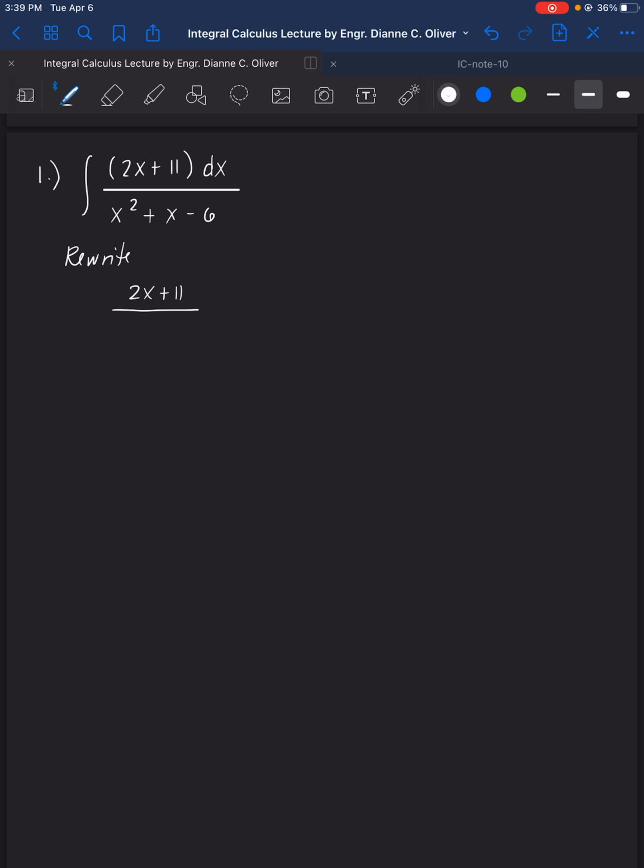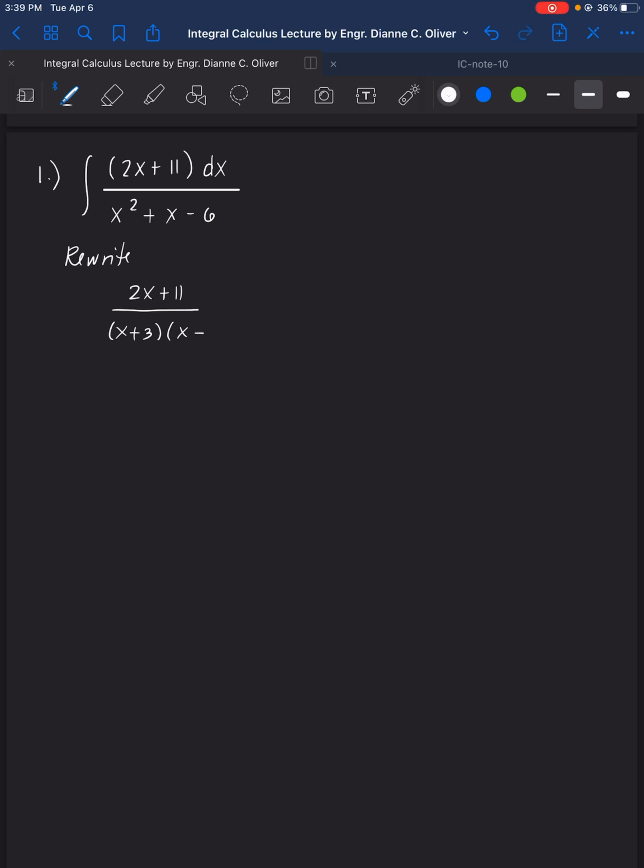If we factor this out, it becomes (x + 3)... and how do we factor this? We look for two numbers that multiply to negative 6, here 3 and negative 2, which add up to the middle term, 1. So that's back in algebra.